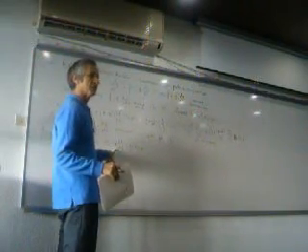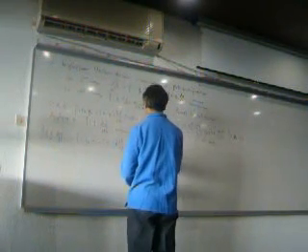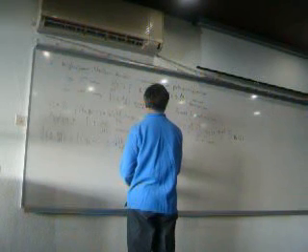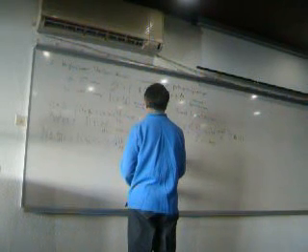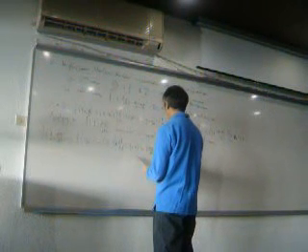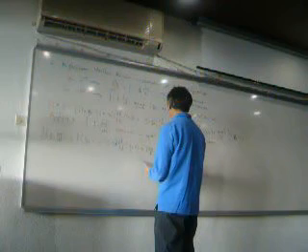Do you agree? dy over dt minus 0. Is this correct then? Times what? The partial of f with respect to dy over dt. Right?